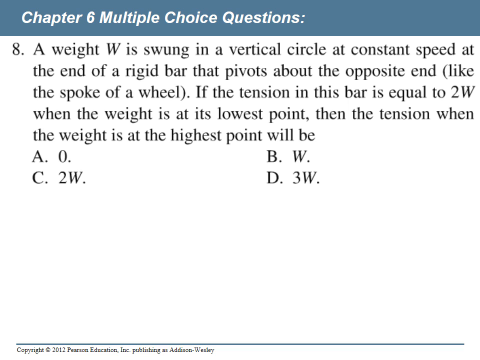So if we need tension equal to its weight in order to accelerate it to the center, the radial acceleration has to be 9.8 meters per second squared as well. It must be equal to the acceleration due to gravity, right? Because it's exactly the same force. The tension, in order to make it accelerate towards the center, is the same as its weight. So the radial acceleration is g.